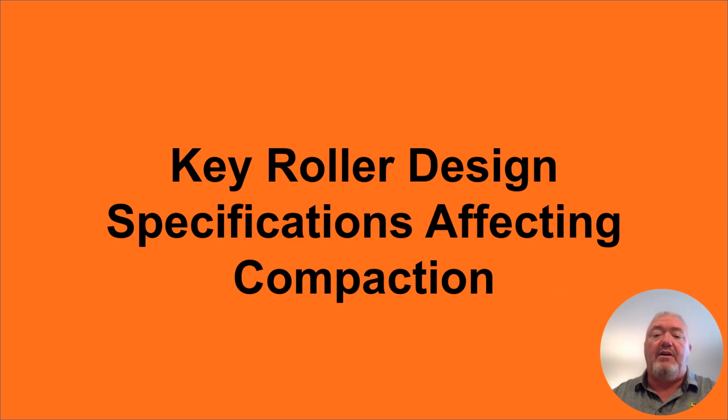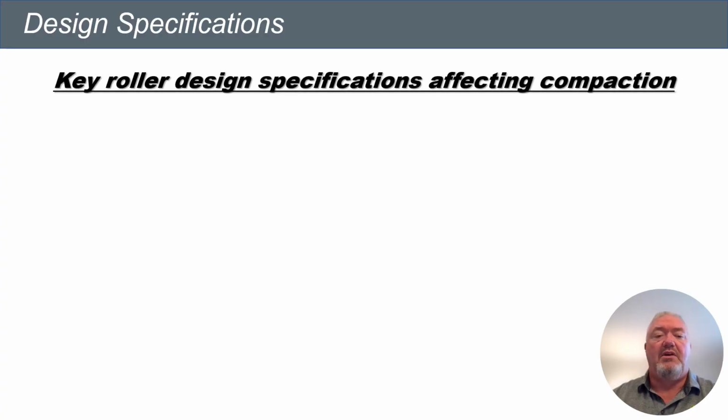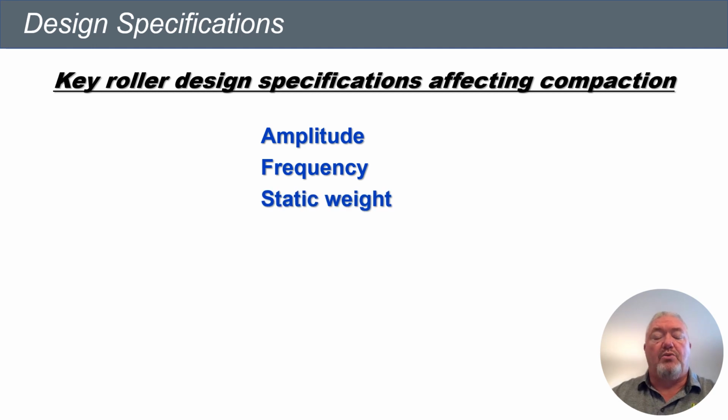Now there are some key design specifications that affect compaction. We're going to touch on some of them. We're not going to get through all of them, but there are some things we need to look at. We're going to talk about amplitude and frequency, and sometimes people get amplitude and frequency switched around, and hopefully we can get that straightened out. We'll talk about static weight, the weight of the machine.